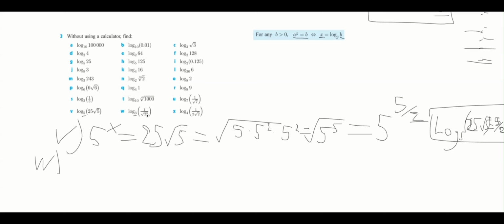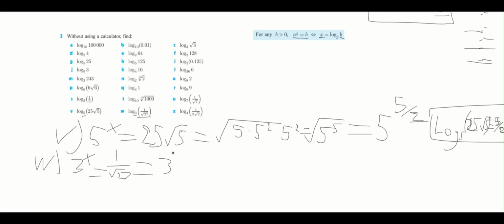And then W: A is 3, B is 1 over root 27. So 3 to the power of x equals 1 over root 27. Because it's reciprocal, it's negative. Because it's root 27, it's 3 to the power of 3 over 2.